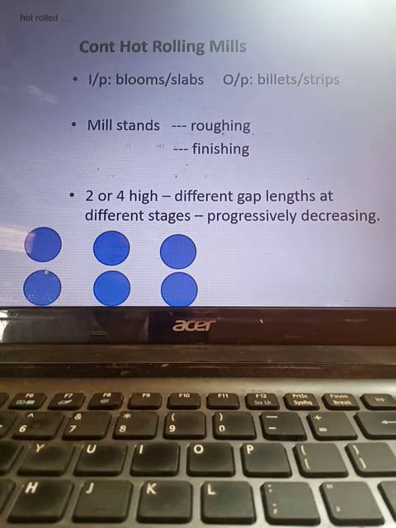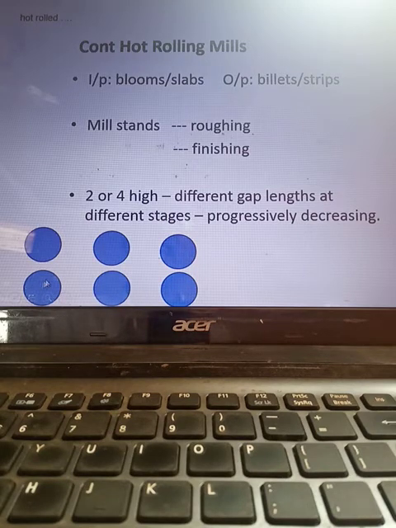And you can see the gap is decreasing progressively, which means when the input is passing through different mill stands, its shape will progressively decrease, and finally when we come to the output stage, it will be of the required size.